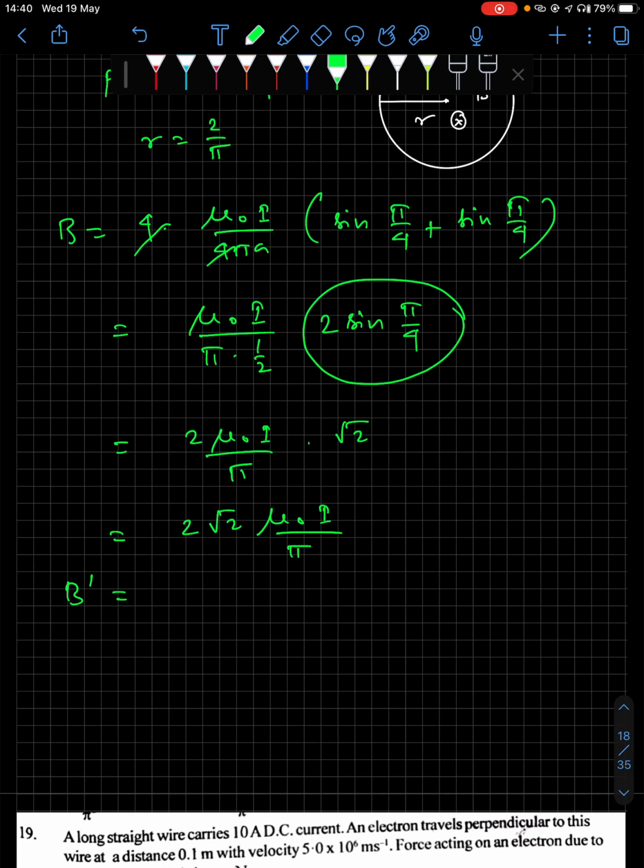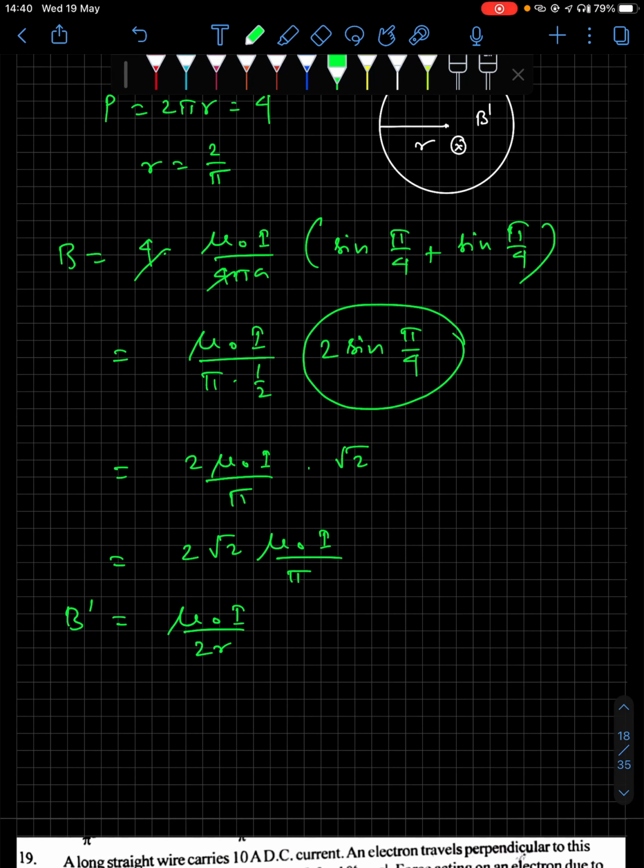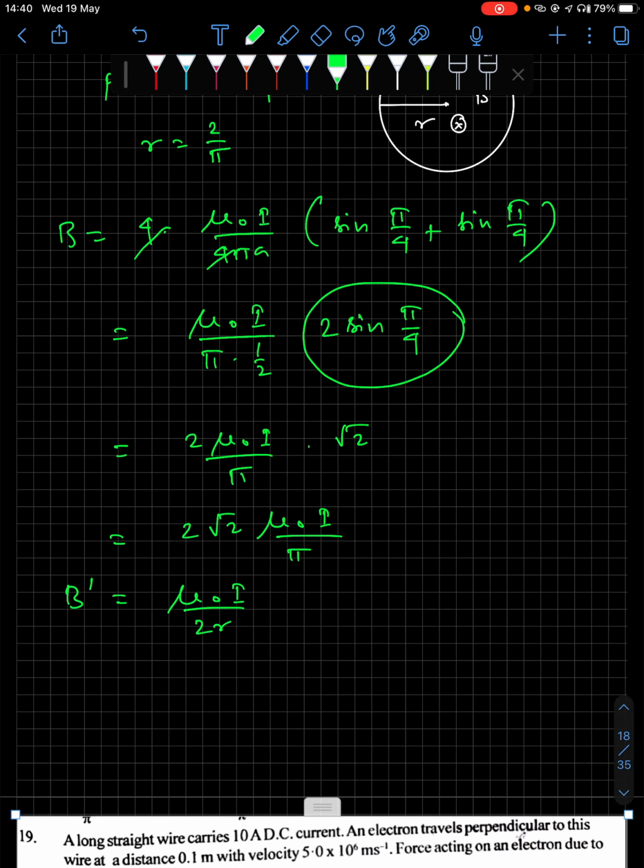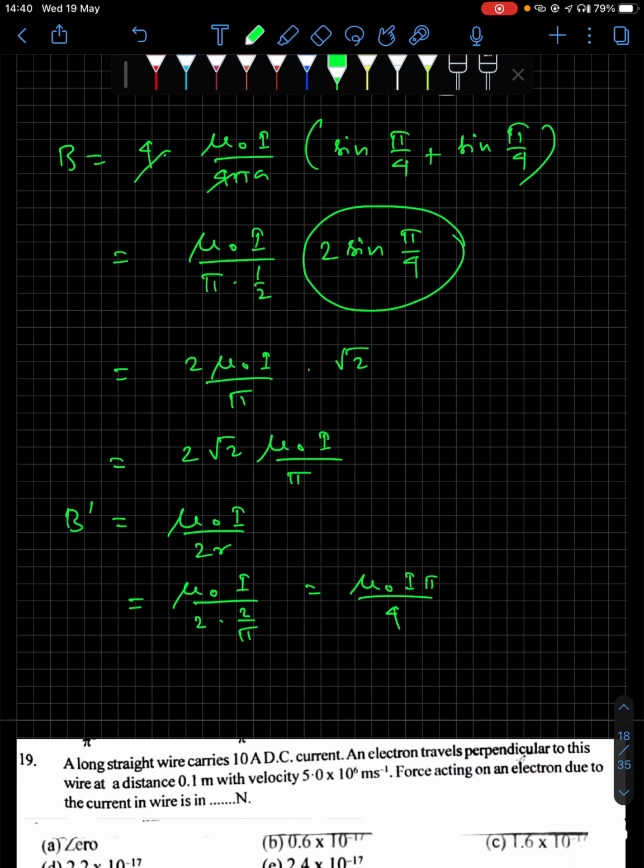Now B prime: our relation is mu naught I by 2r, no change with B prime. With the previous solution also it will be the same here. B prime is exactly the same, mu naught I by 2r. What is the value of r? It is 2 by pi, so mu naught I divided by 2 into 2 by pi gets you mu naught I pi divided by 4.